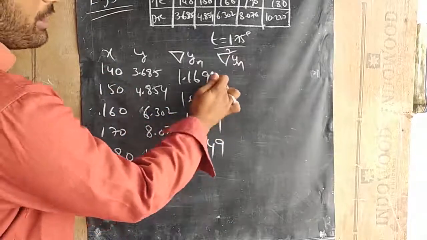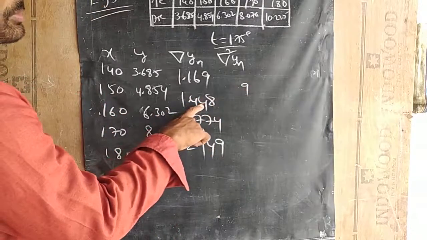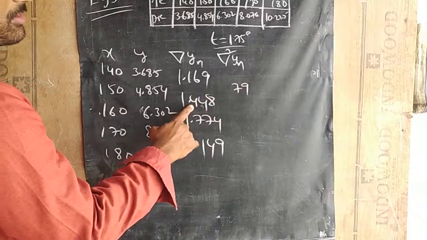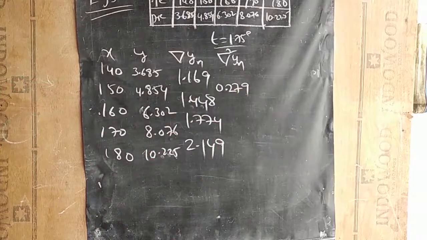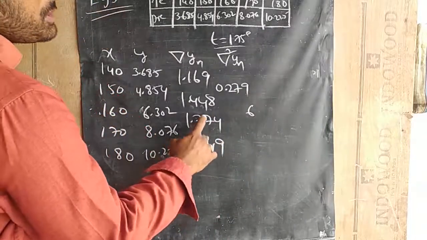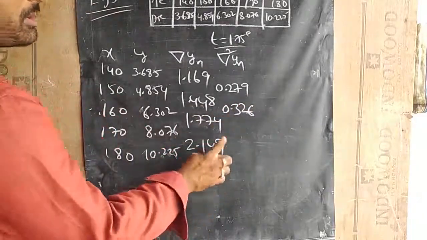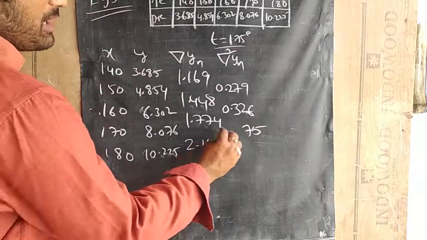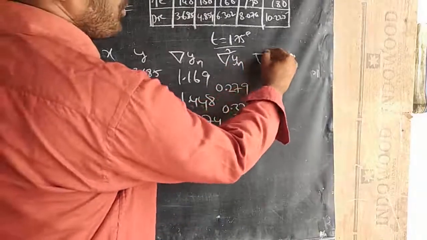So 1.448 minus 1.169 is 0.279. 1.774 minus 1.448 is 0.326. 2.149 minus 1.774 is 0.375.